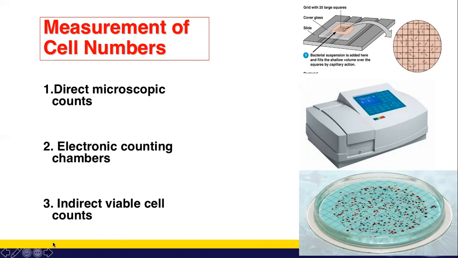Okay? So if plated on a suitable medium, each viable unit grows and forms a colony. And each colony that can be counted is called a colony forming unit or CFU. Okay? And the number of CFUs is related to the viable number of bacteria in the sample.